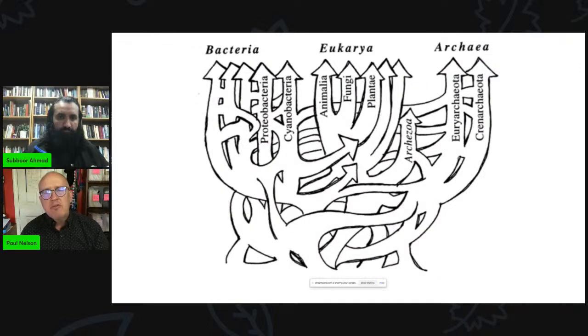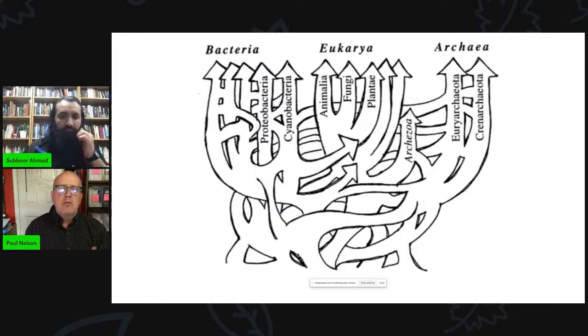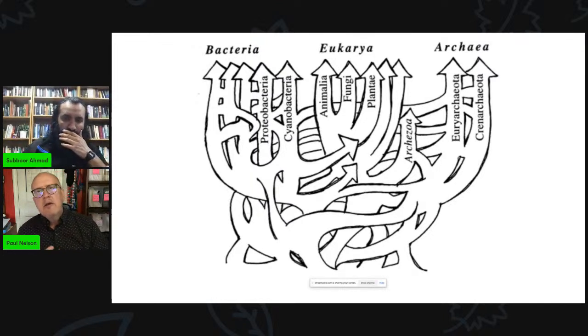Across the top there, you see the three major domains, and you've got this wild interfingering of lineages with, for instance, bacteria crossing over into eukarya to provide, according to the endosymbiotic hypothesis, the progenitor for the mitochondria or the progenitor for the chloroplast.